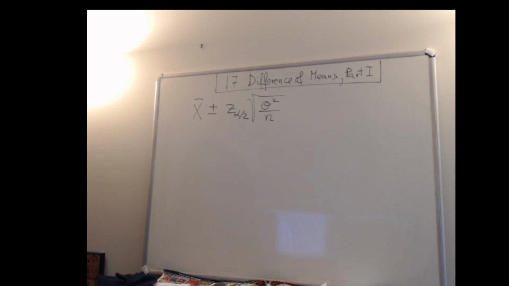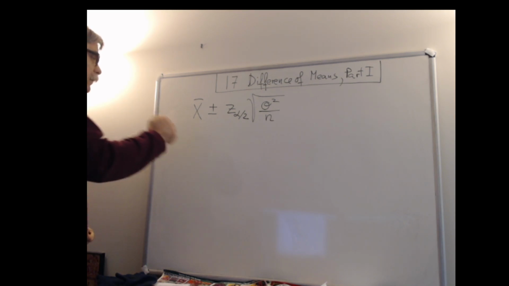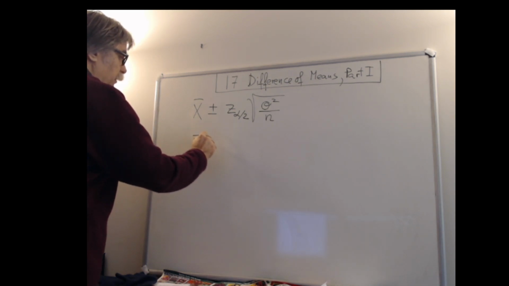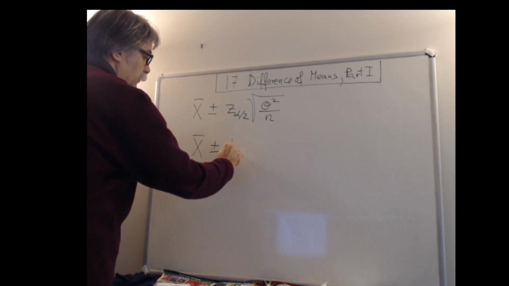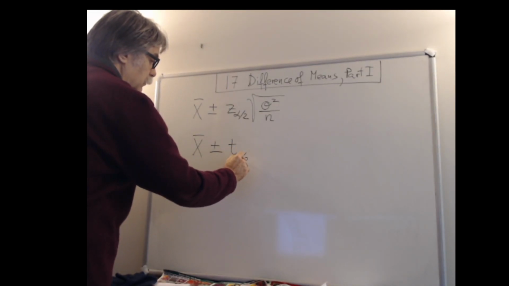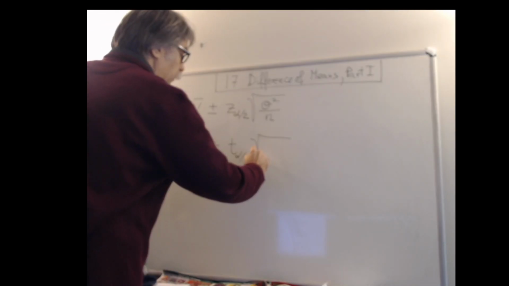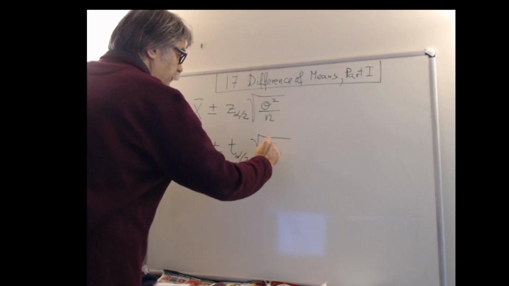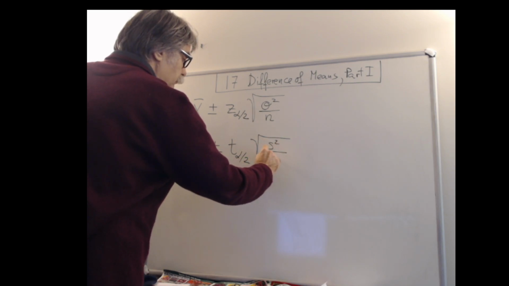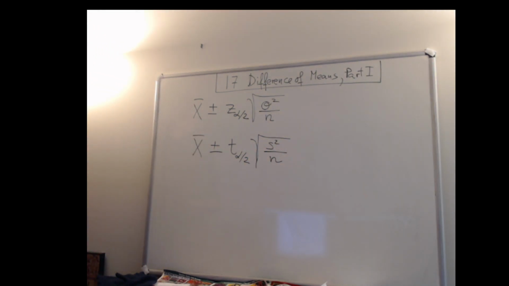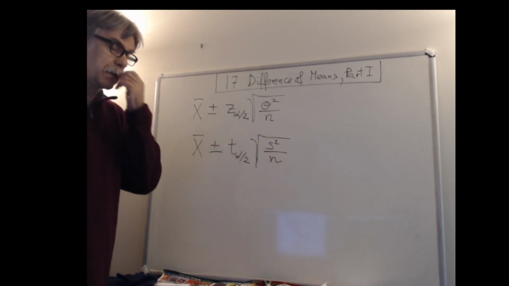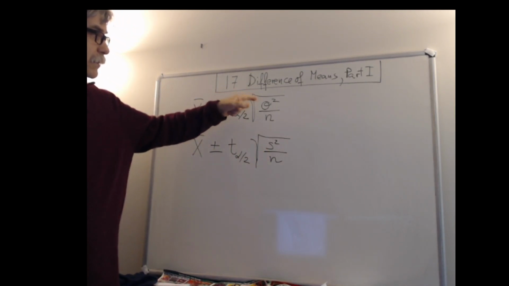When you're doing a t-estimate of the mean, it would have a similar formula, but of course the critical value would be the t value, the student t random variable, and the estimate itself would have the sample standard deviation, sample variance instead of the population variance, right?